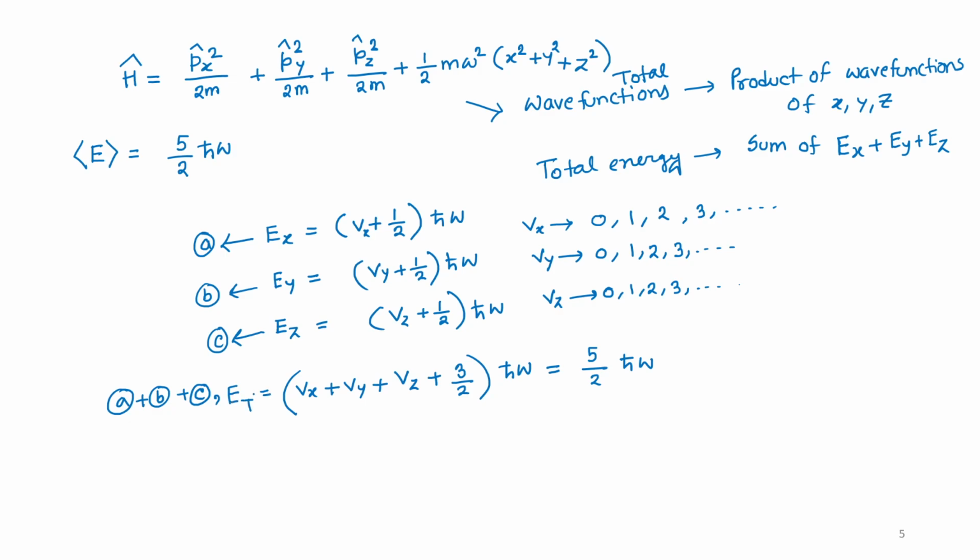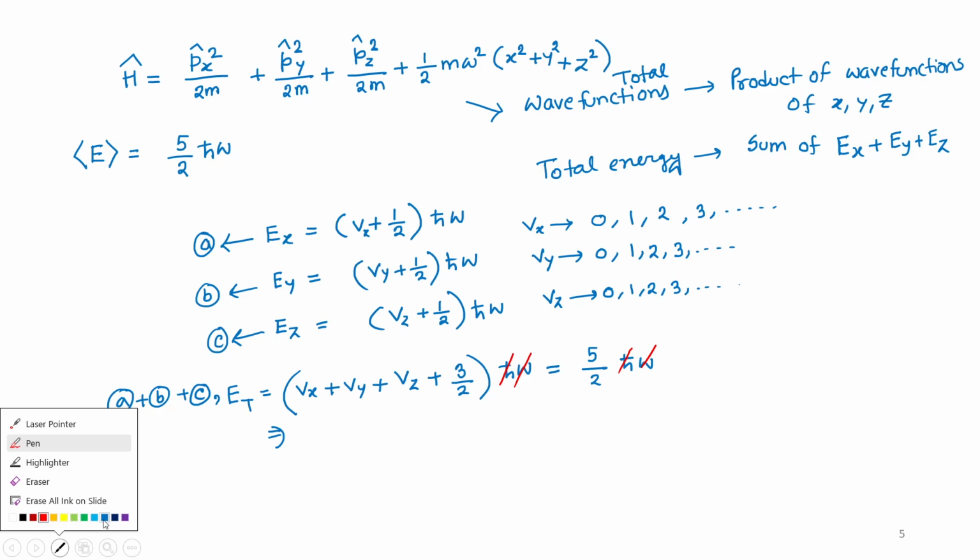So this is going to be the total energy. And see what we are getting in this step: the h cut omega can be cut. So we can cancel h cut omega.